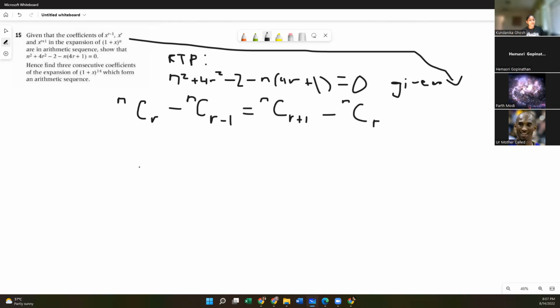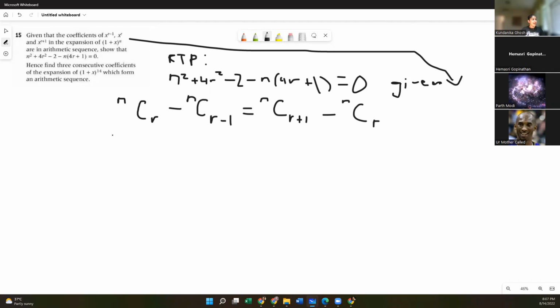Okay, great. So what we want to do first is move everything to one side, just to make life easier.